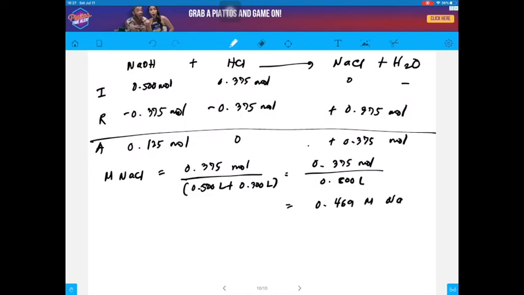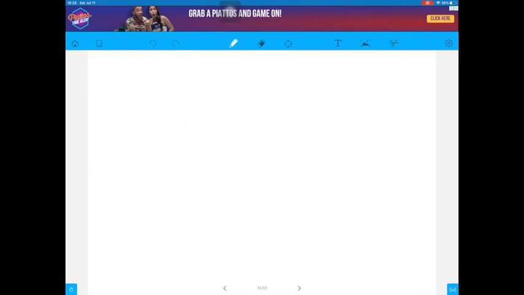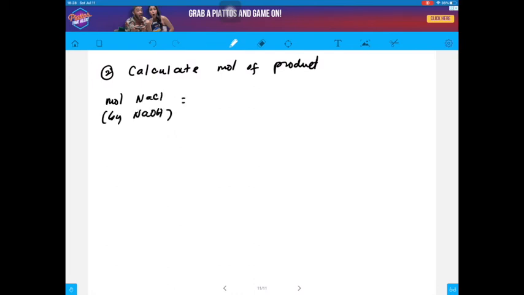molar of sodium chloride. The other solution that I introduced previously is calculating the moles of the product using the values of each reagent. So in this context, you can calculate moles of the product by sodium hydroxide, and that is basically 1 mole per liter of sodium hydroxide multiplied by 0.5 liters of sodium hydroxide.